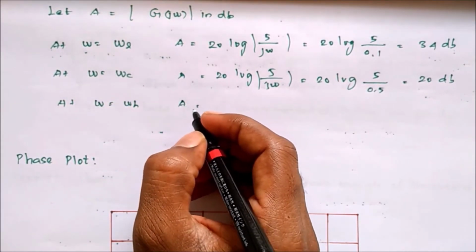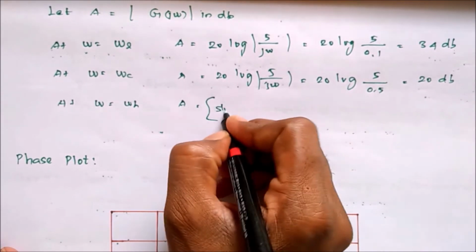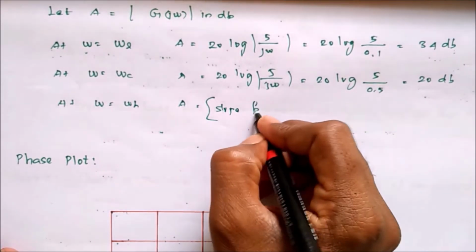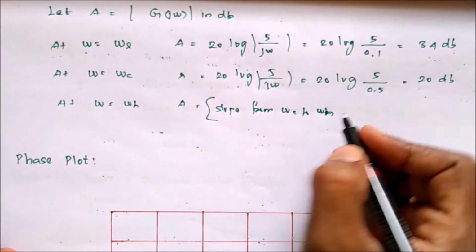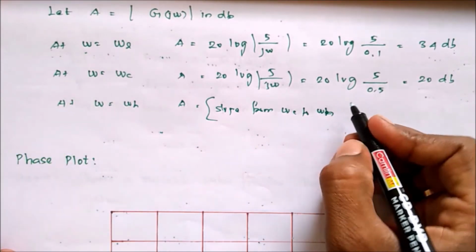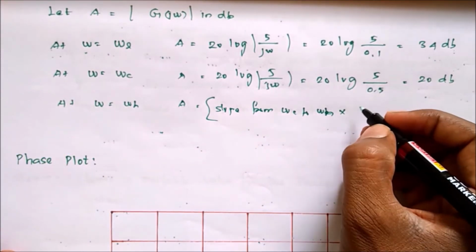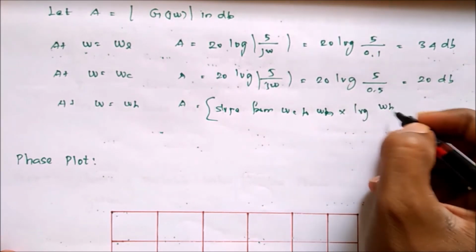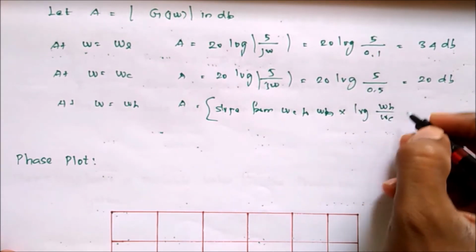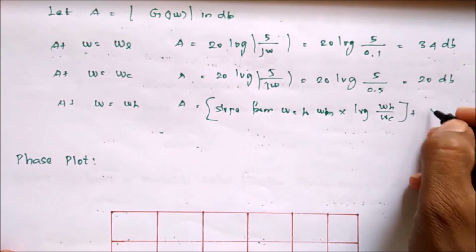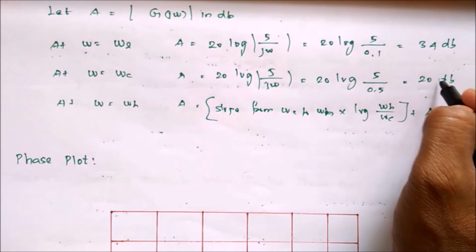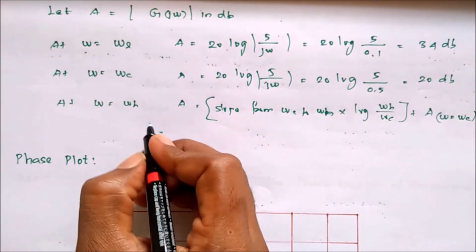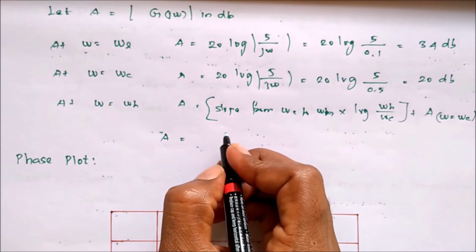So A equals, for this we use the slope procedure from omega c to omega h. The gain is the slope into log of omega h divided by omega c, plus the previous gain, which is the gain at omega equal to omega c. So what is the slope?